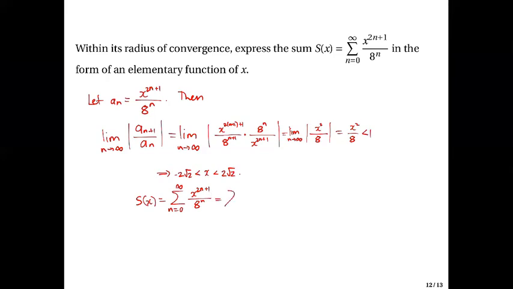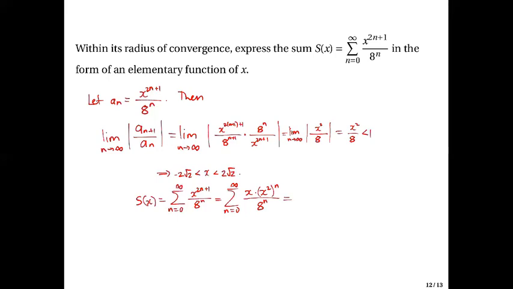So this will be the sum from n equals 0 to plus infinity of x, and then we will write x to the 2n as x squared raised to n, and on the denominator, of course, we have 8 to the n.